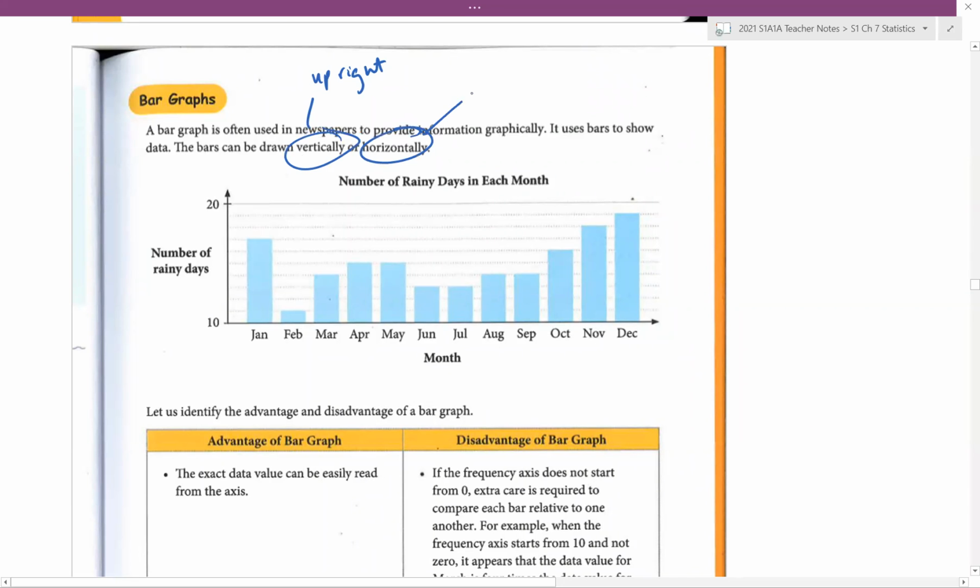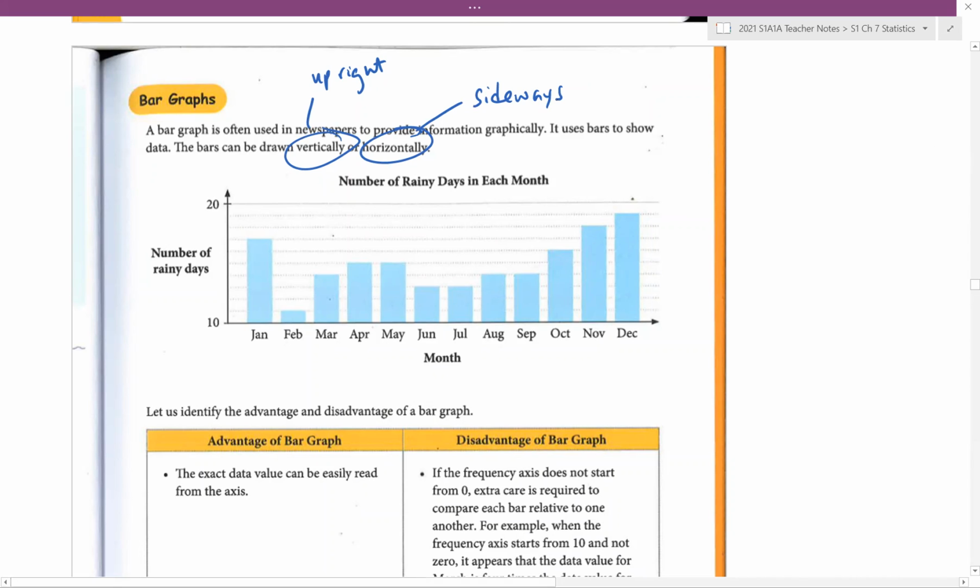Okay, horizontally. How else can we say this? Lying down. Is that the best? Lying down. Sideways. Okay, sideways. Okay, so you need to know this.